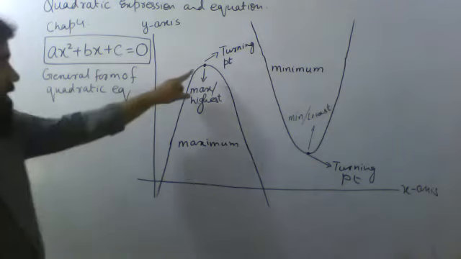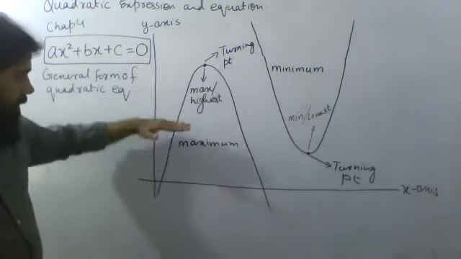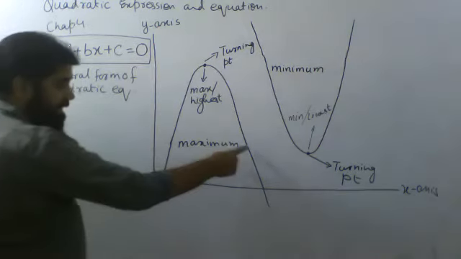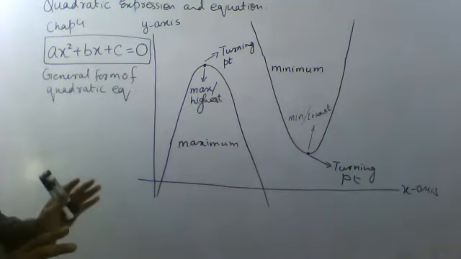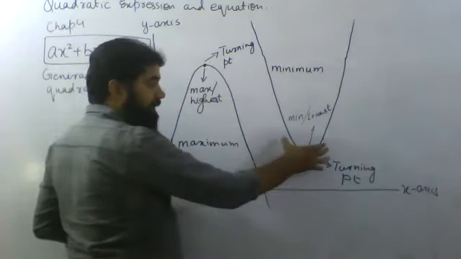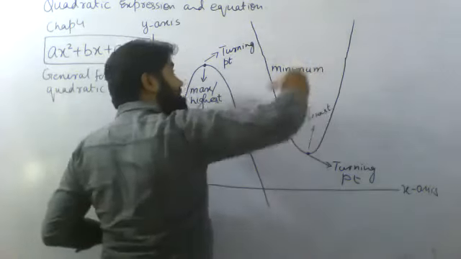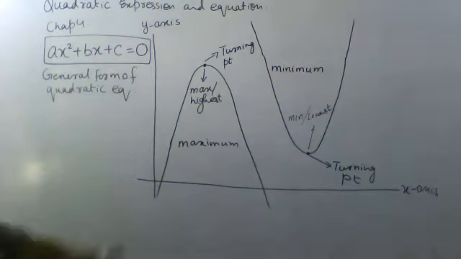Whether your curve ends over here or over here doesn't make any difference. The turning point will remain over here, even if it is extended till infinity. That's why we are working on the turning point and not on the ending point of the curve.